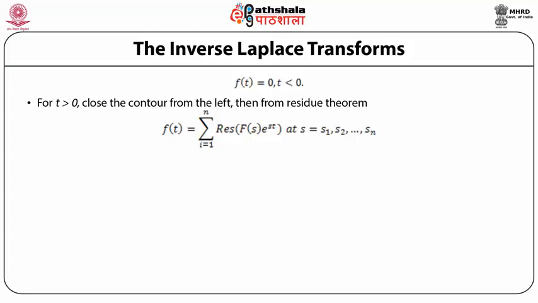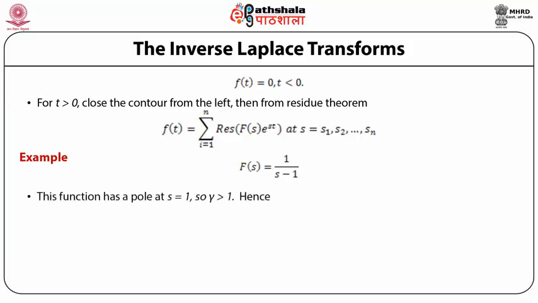Let us now look at a particularly simple example to illustrate the method. The function capital F of s is equal to 1 by s minus 1. This function has a pole at s is equal to 1. So, gamma is greater than 1. Hence, from the above formula, we have small f of t is equal to the residue of e raised to power st divided by s minus 1 at s is equal to 1.